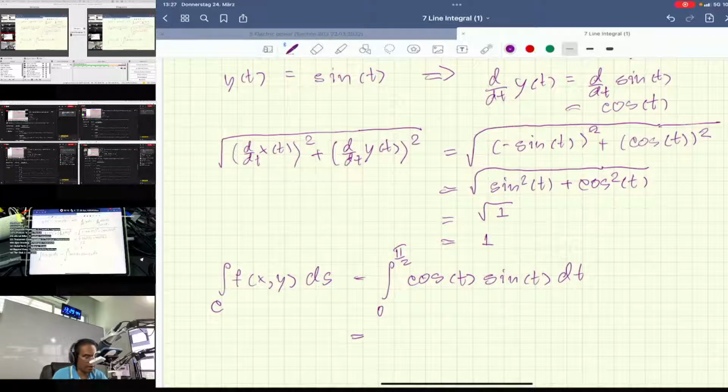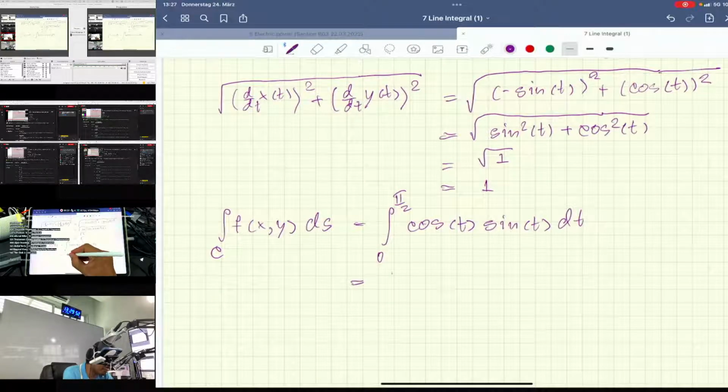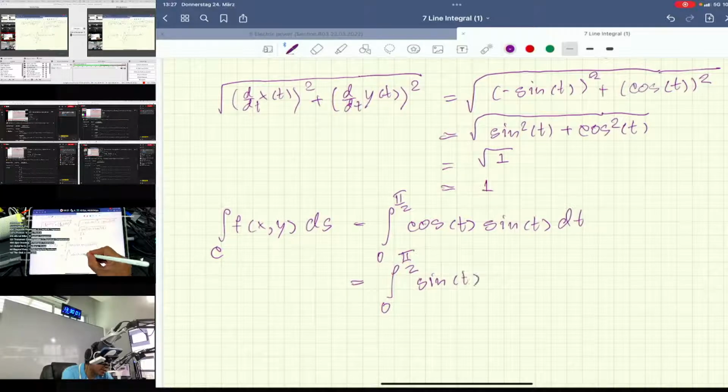So you know that the integration from 0 to pi by 2 could be expressed also like this. Oh, sorry. Cosine t dt, right?